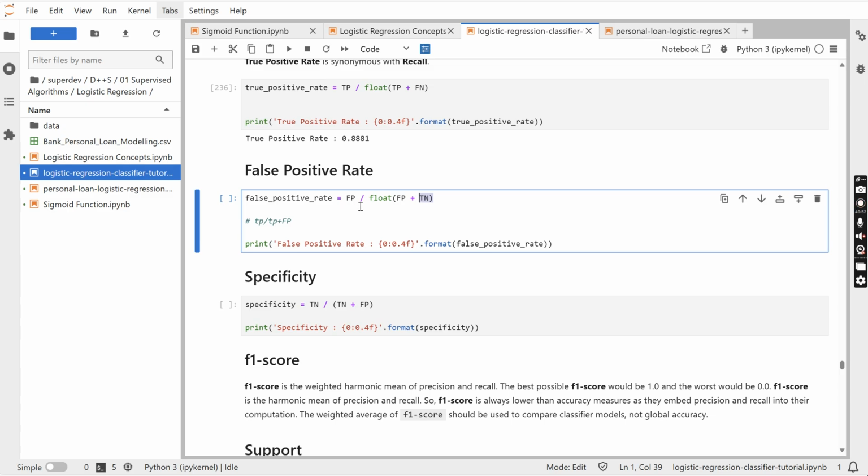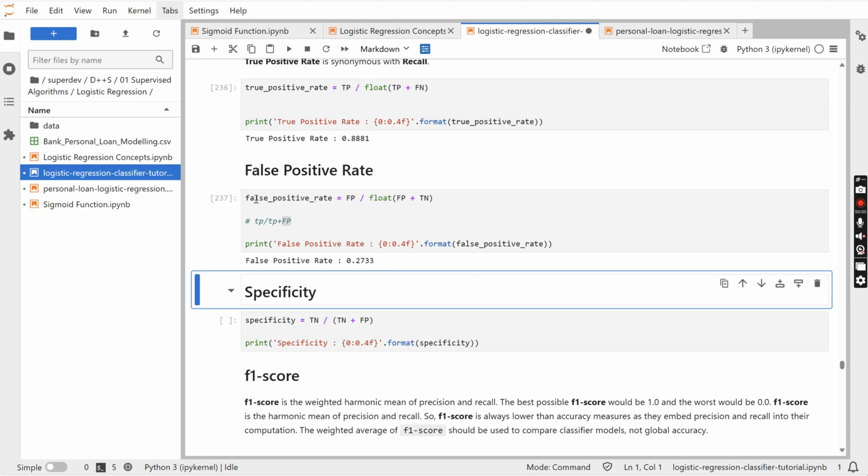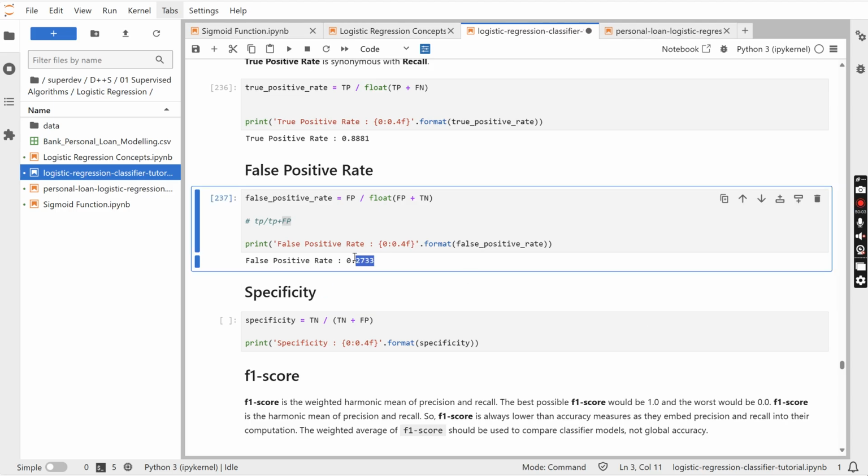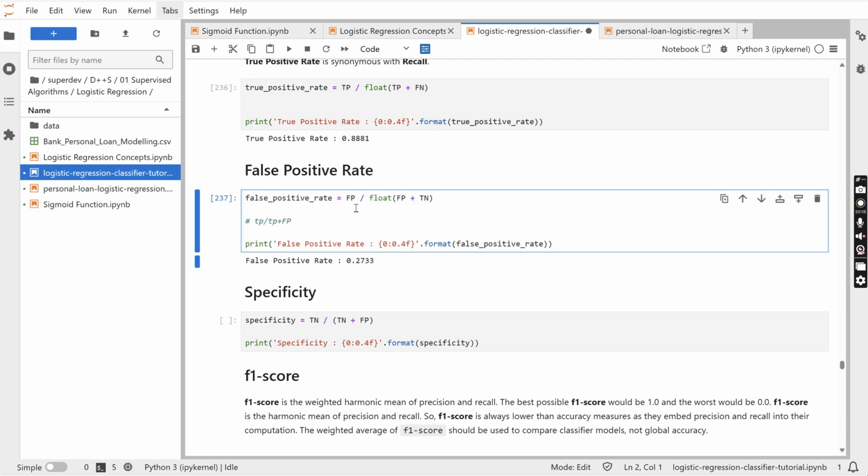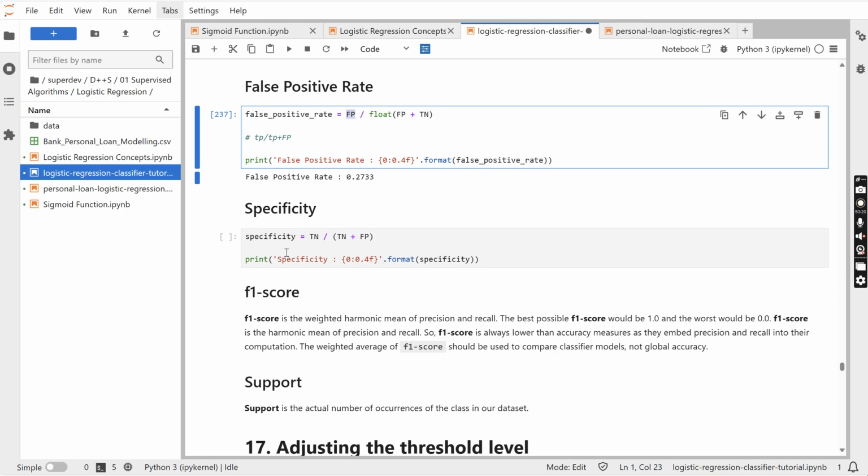Is the model making misclassification in those patients only? That is what false positive rate is measuring. Now, false positive rate and true positive rate. So essentially, as you can see, 27% of the time the model is thinking people who don't have cancer are cancerous. It is making a mistake there. So this calculation is done.